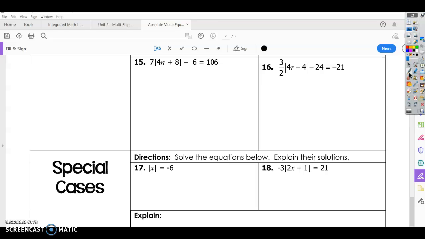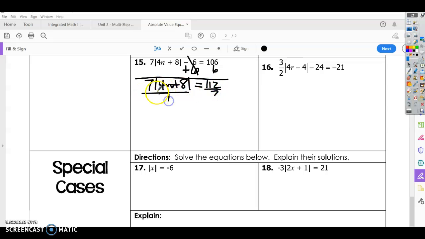All right, the next one, these are getting a little bit longer, but the same process. Isolate first. So I'm going to add 6 to both sides. So I have 7 times the absolute value equals 106, and plus 6 would be 112.